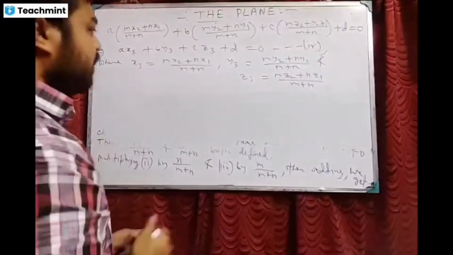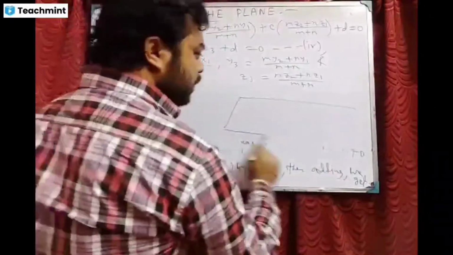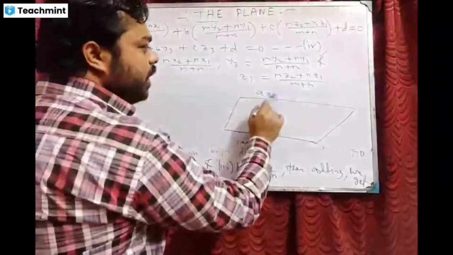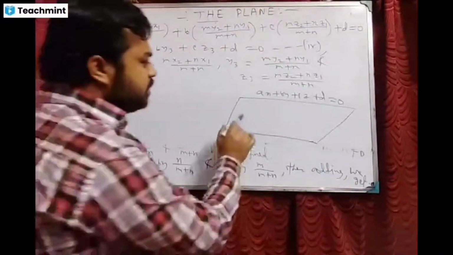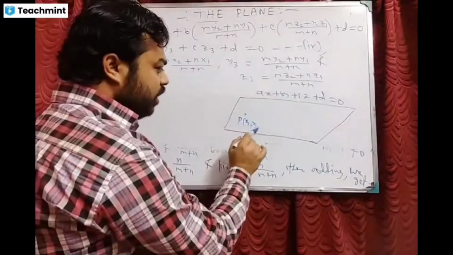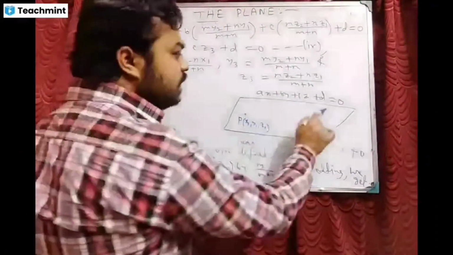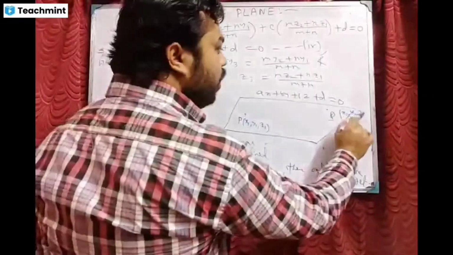So from equation 4, we see that suppose this is the surface. This is an arbitrary surface whose equation is ax + by + cz + d = 0. Suppose this is your P point, which is (x1, y1, z1), and this is your Q point, which is (x2, y2, z2).